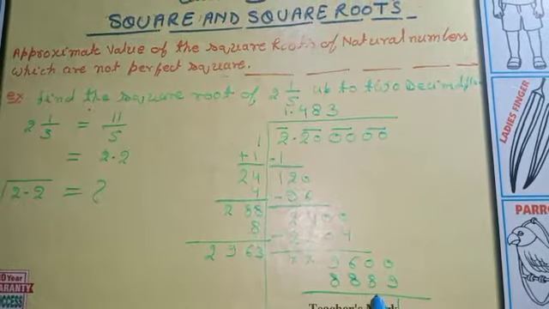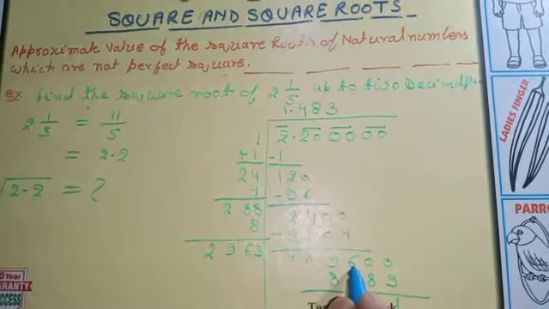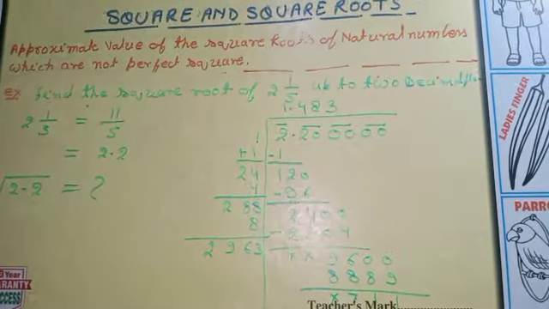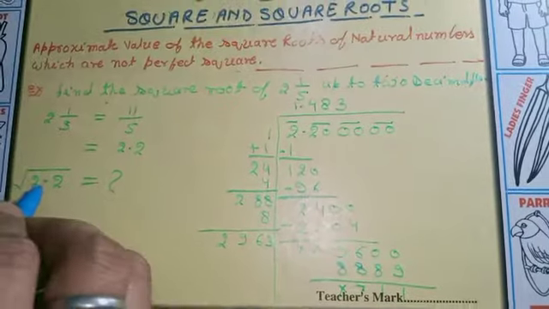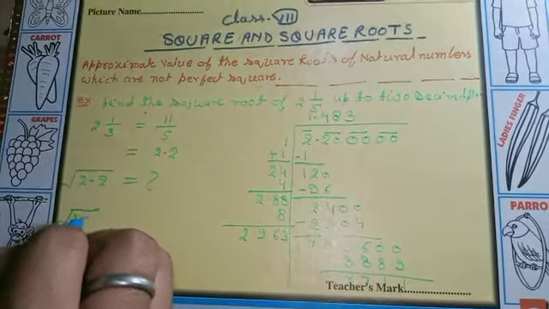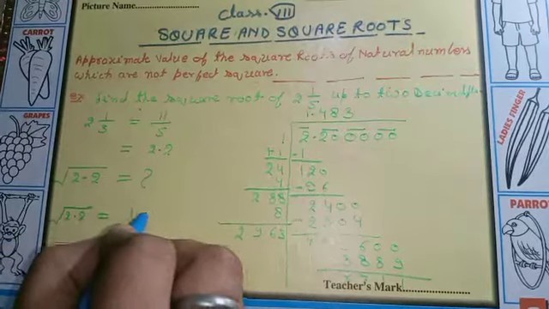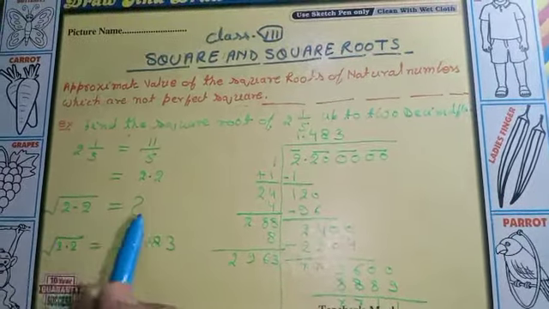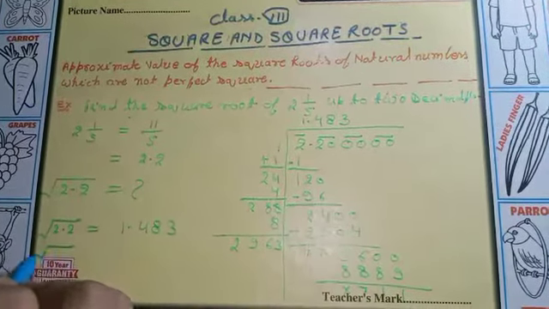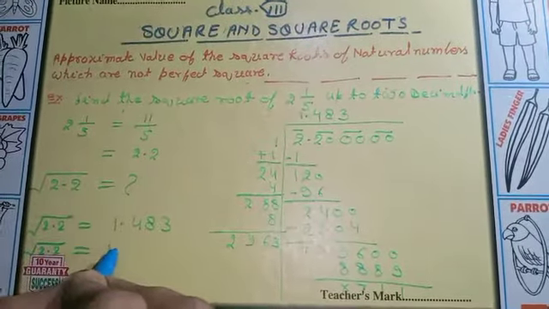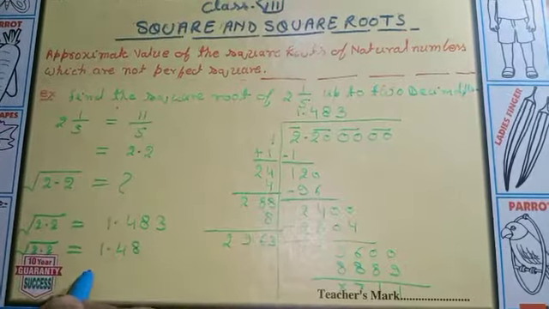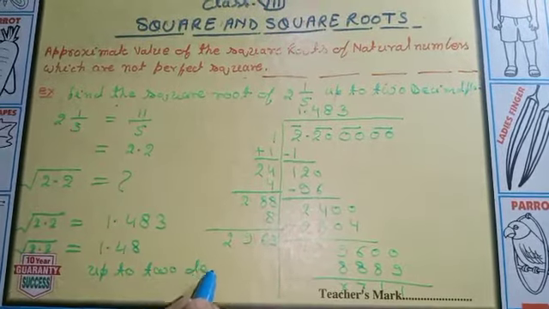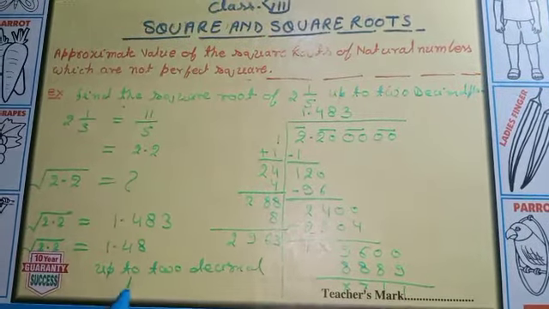Now the square root of 2.2 is 1.483. The question is up to 2 decimal places, so the square root of 2.2 is 1.48, up to 2 decimal places.